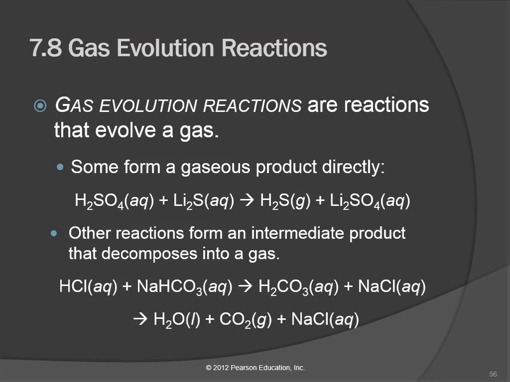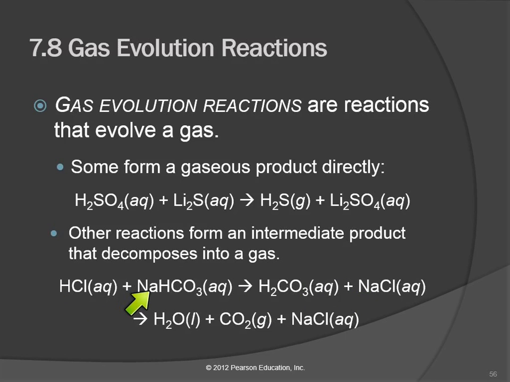Other times, you get an intermediate product that's unstable and decomposes. So if we mix hydrochloric acid and sodium hydrogen carbonate, this is baking soda, it forms carbonic acid and sodium chloride. We're swapping partners here.